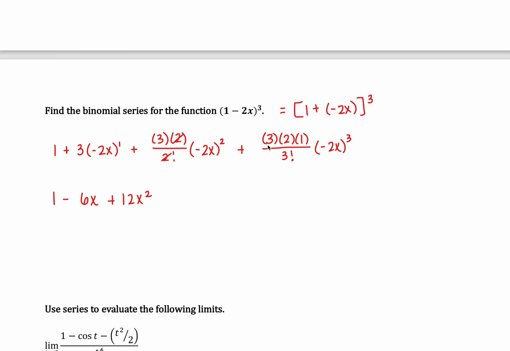And here, the last term, 3 times 2 times 1 is just 3 factorial. So this whole fraction cancels out. Negative 2 to the third power is going to be a negative 8. And then x to the third power is just that. So here is the binomial series for this function, which you could find by just multiplying out this function.